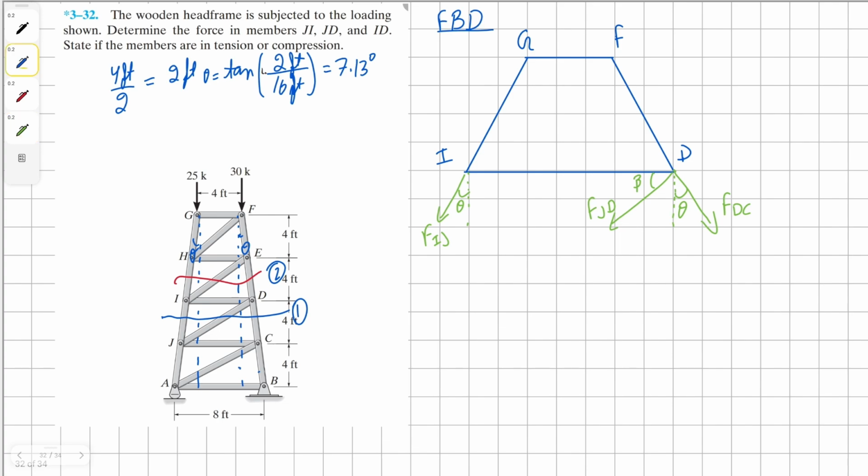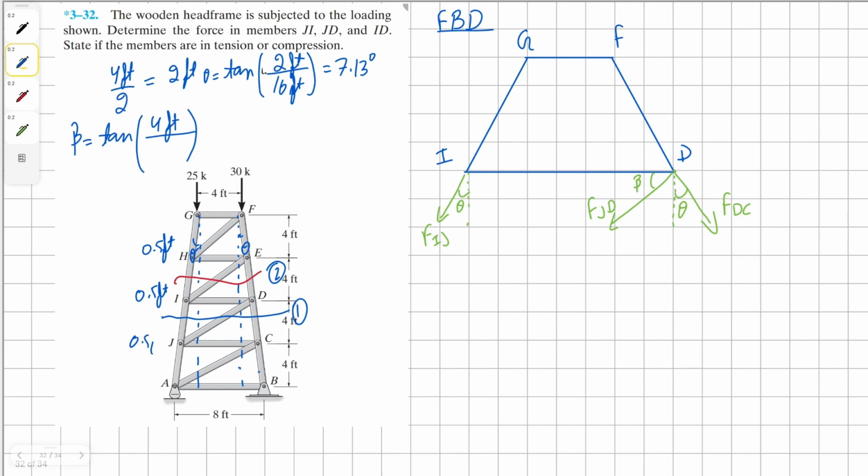Now before we proceed, let's find our angle beta as well. So our angle beta is simply going to be the tan, and we know the vertical distance between I and J is 4 feet, and we know that each side grows or extends by half a foot with every level of this truss or head frame.